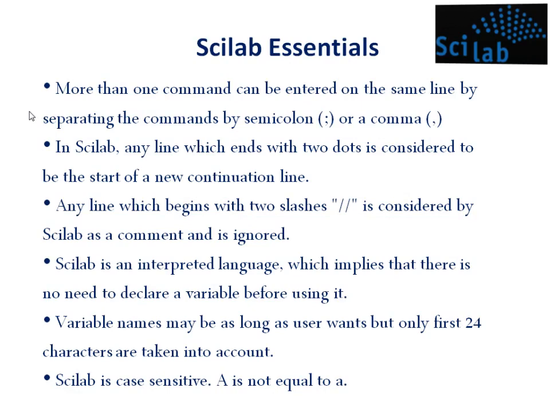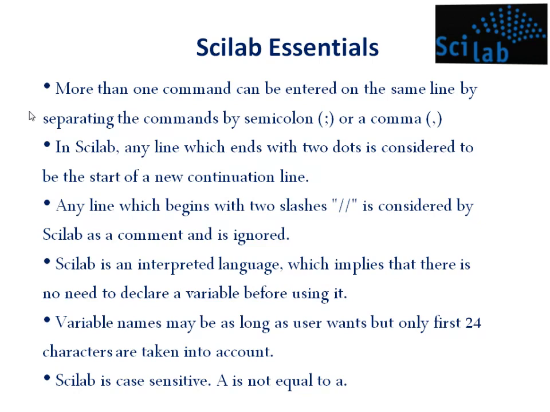So we will see some important points to note about the Scilab environment. More than one command can be entered on the Scilab console in the same line by separating the commands by semicolons or commas.